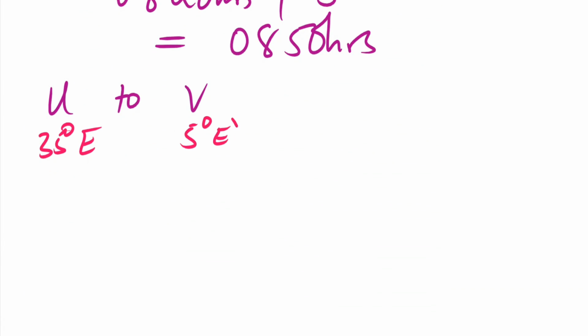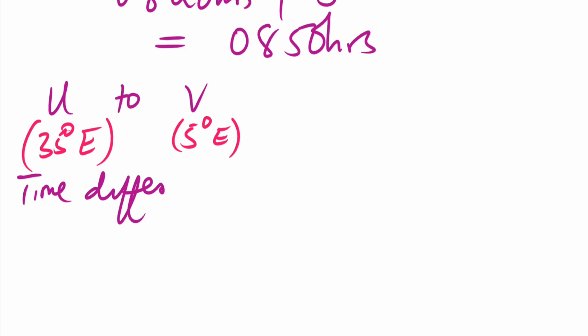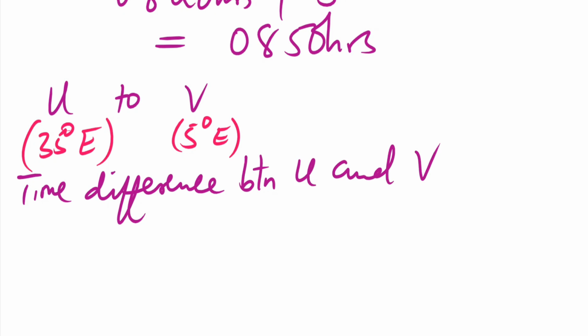To get the time difference between U and V, the longitude difference is 35 degrees minus 5 degrees, which is 30 degrees.